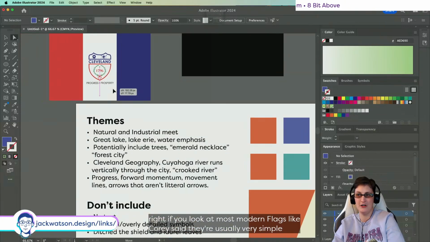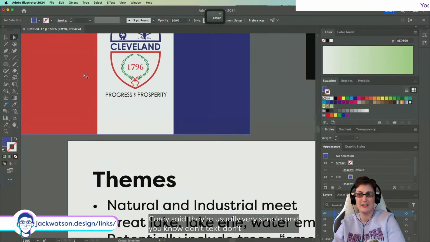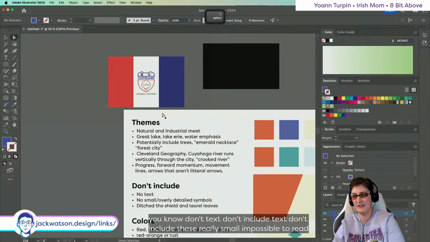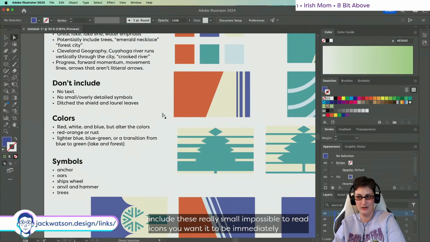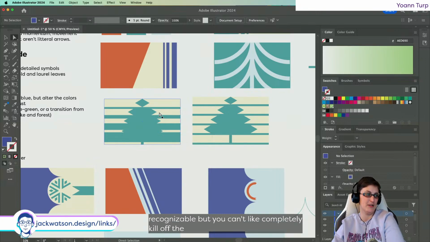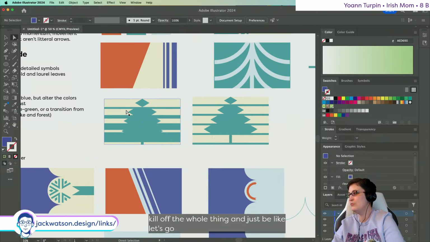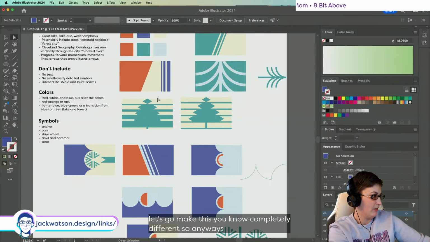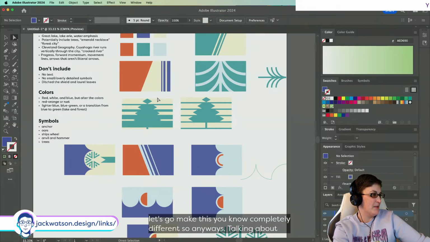They don't include text. They don't include really small, impossible to read icons. You want it to be immediately recognizable. But you can't completely kill off the whole thing and make it completely different. So anyways, talking about the ocean has not been enough of a rant.